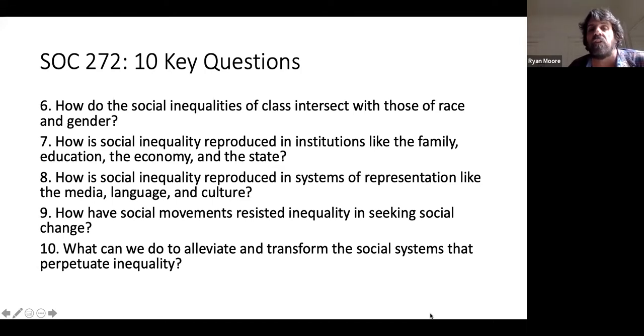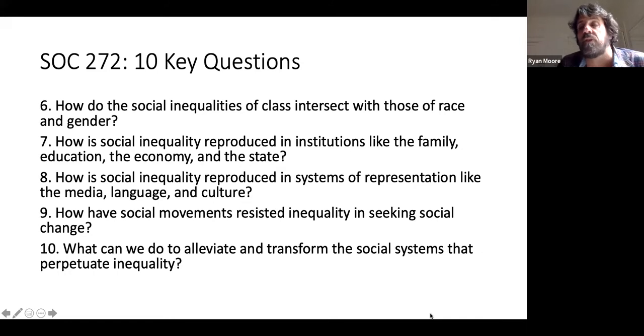That system of representation that is embedded in the media and is reflected in our language and in our broader culture very much contributes to the reproduction of this unequal society that is stratified along these lines of class and race and gender and sexuality.